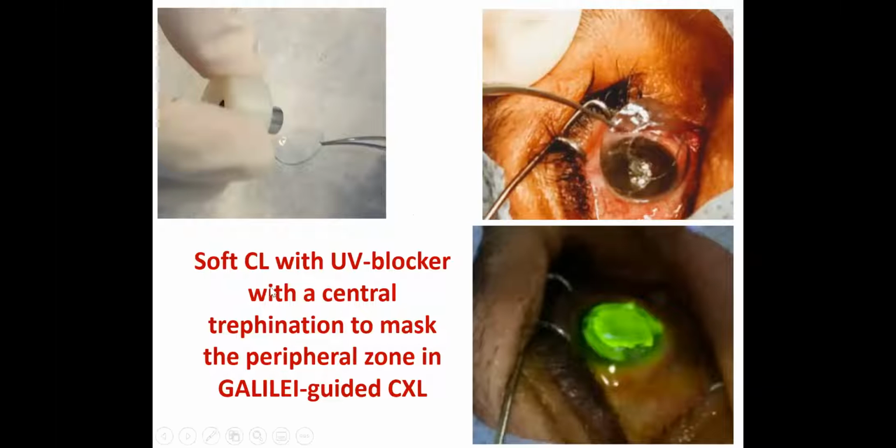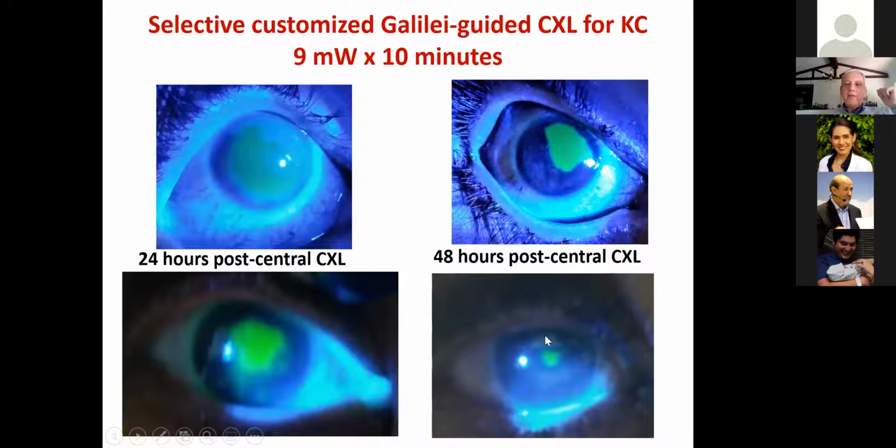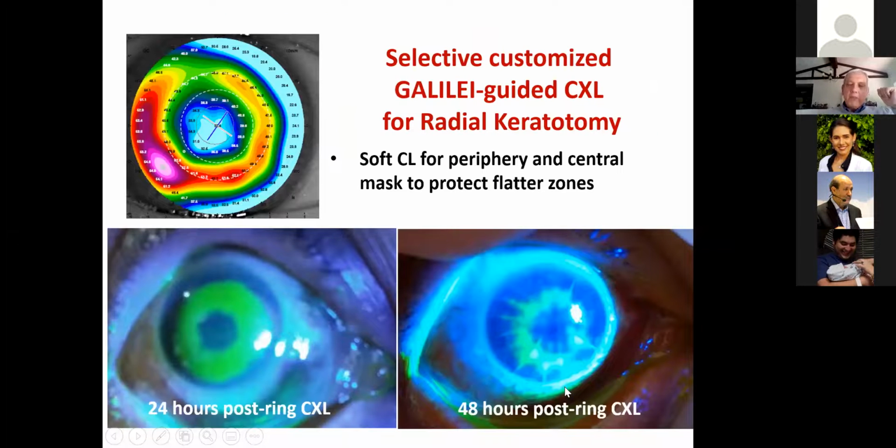And what we do, since we have a system that is not selecting the energy in each place, we don't need to do that. When we use a contact lens with UV filter, we refine the lens and we cover the area we don't want to treat. These are two cases, 24 hours and 48 hours.